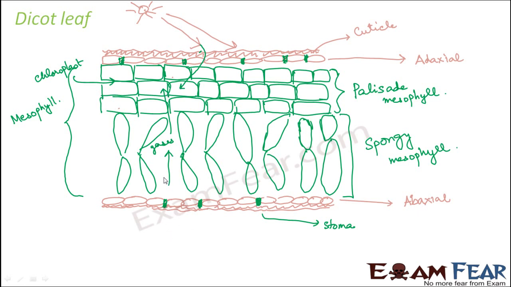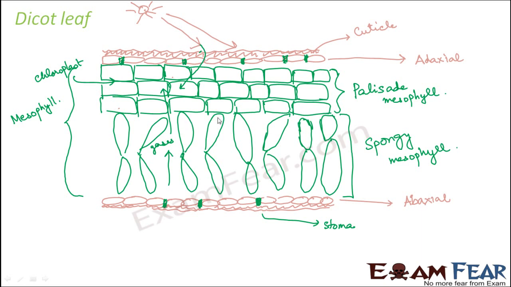Now these stomata will take in carbon dioxide and give out oxygen during the process of photosynthesis. Right? Okay, now you might think, where are the vascular bundles? Because the vascular bundles, xylem and phloem, should be present in the leaves as well, as they help in conduction.